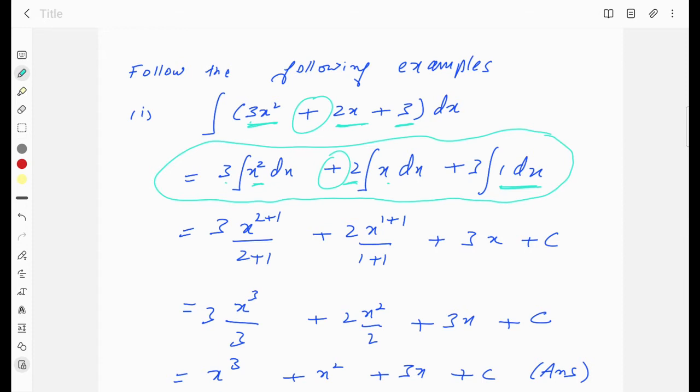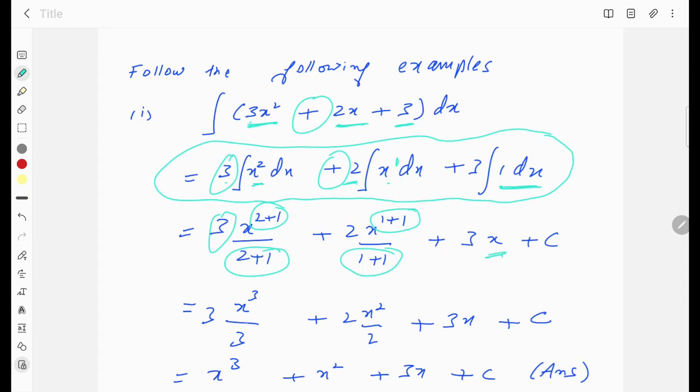Then you apply the integration rule. This 3 remains as it is. For x raised to the power 2, you will add 1 to this power, and the same thing will come in the denominator. For x power 1, you will add 1 to this power, and again the same thing will come in the denominator. Integral of 1 is x.